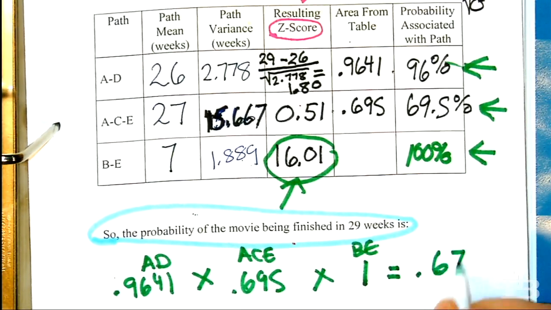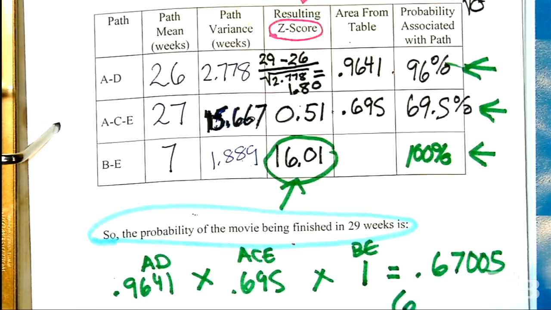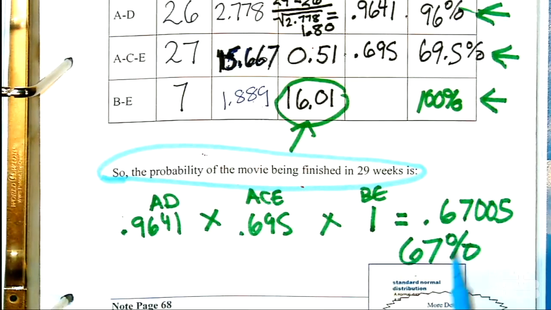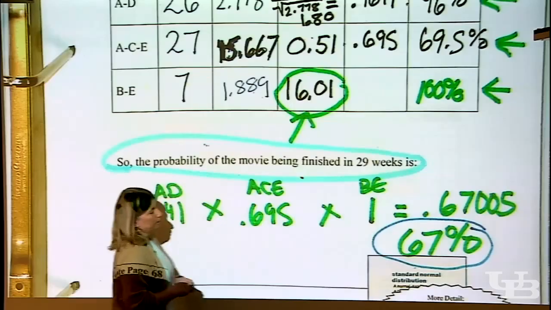This, when multiplied times each other, I get 69.005, or excuse me, 67. There we go. We're thinking about telling them 29 weeks. At 29 weeks, we have a 67% chance of actually making the deadline.